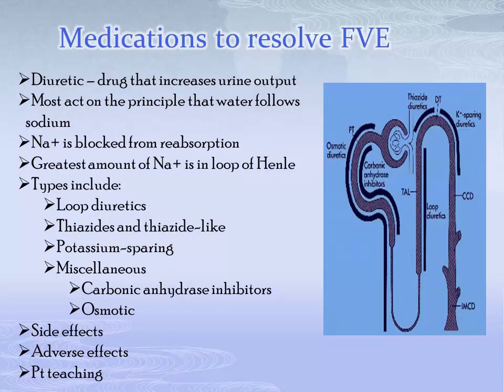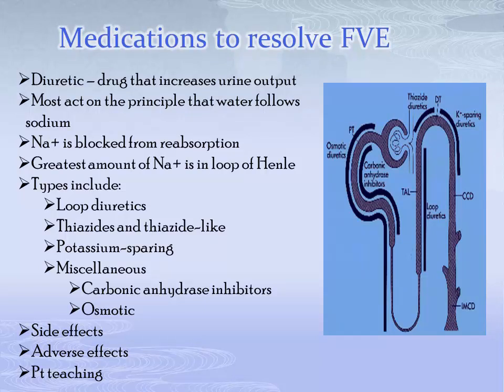And so we're getting rid of fluid, and we're causing that fluid to shift from around the cells to inside the vessel. And so what are we likely to see? We're likely to see that the patient is dry, so dry skin, dry lips, dry tongue.